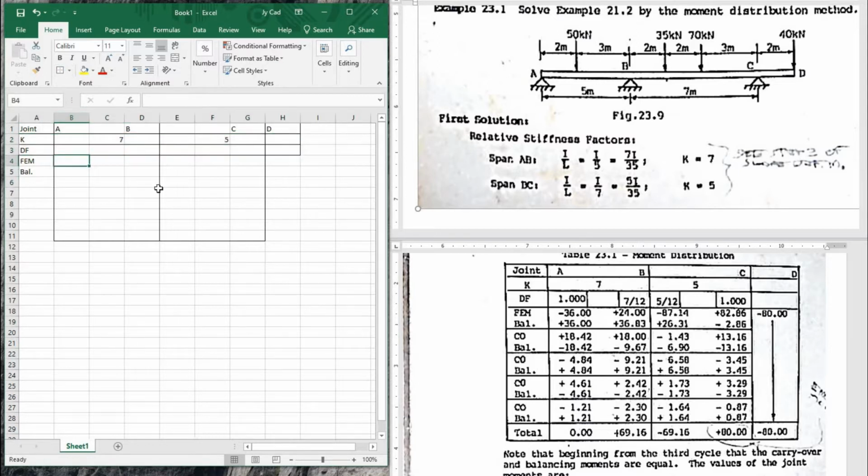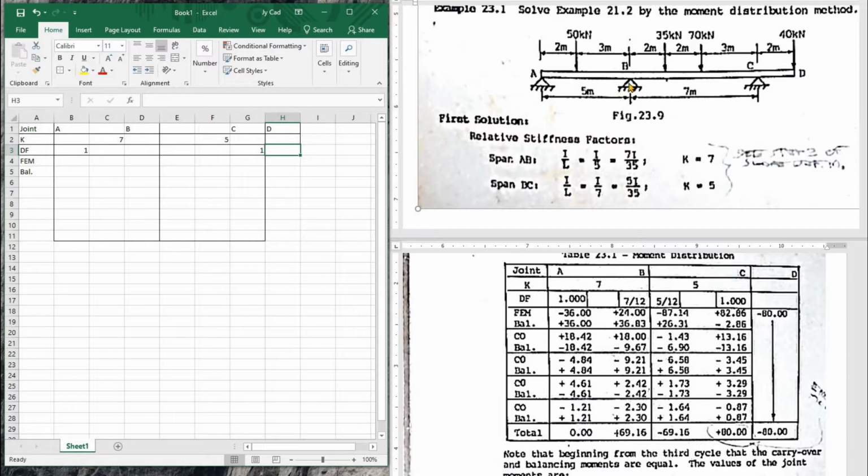Tapos sa distribution factor naman, since this is end 1 lang yan, ganon din sa C. Okay, 1 lang yan. Ito, sa A, 1. Ibig sabihin, yung moment, isa lang ang mag-share dito. Okay, si AB lang. Ganon din si CD. Isang support lang ang mag-share dito, no? Kaya 1 din ang distribution factor niya.